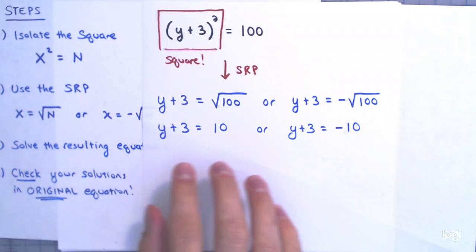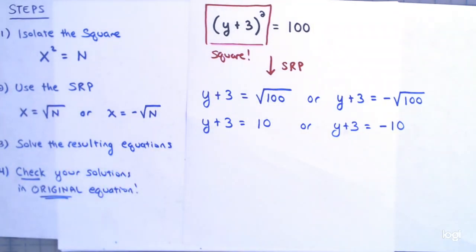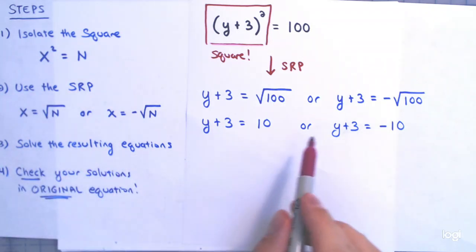Now comes step 3. We really haven't done step 3 for anything because when I used the square root property in my previous examples, the two equations were already solved for. The variable was already alone, but not this time. Now step 3, solve these resulting equations.